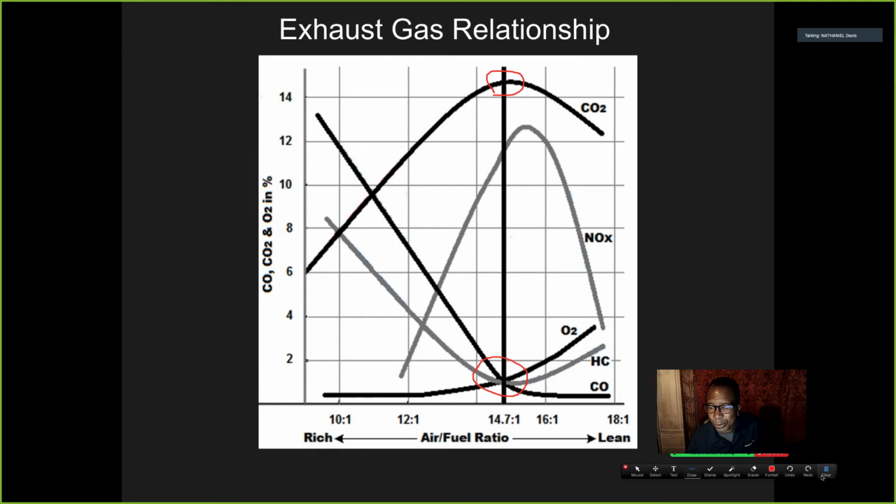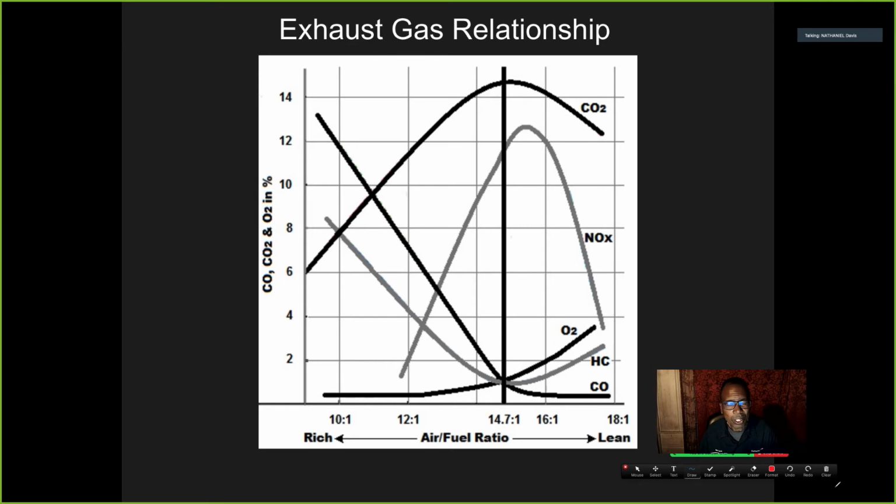In order to control NOx, HC, and CO, we need a three-way cat. And a three-way cat has to have an O2 sensor that's switching efficiently from lean to rich to have the ability to take care of all three gases at the same time. That's how a three-way cat works.